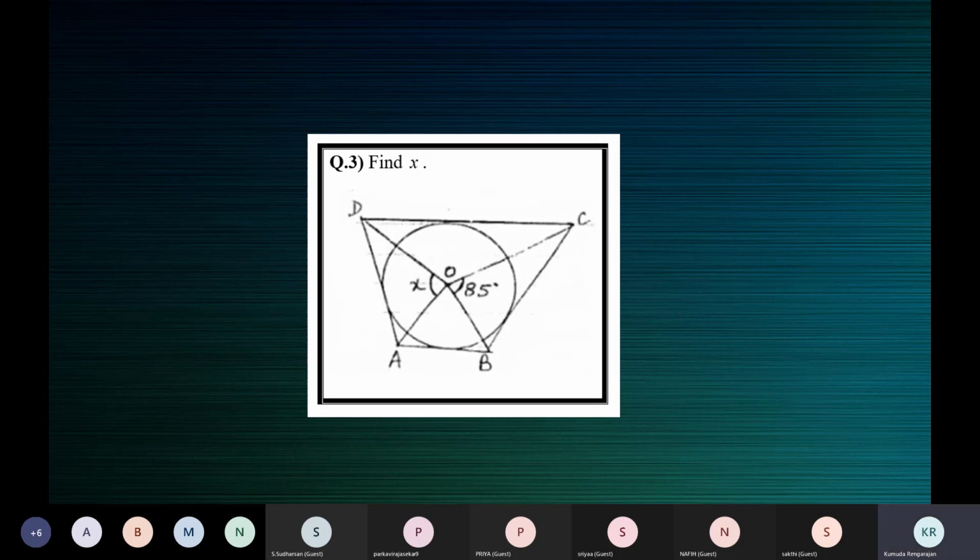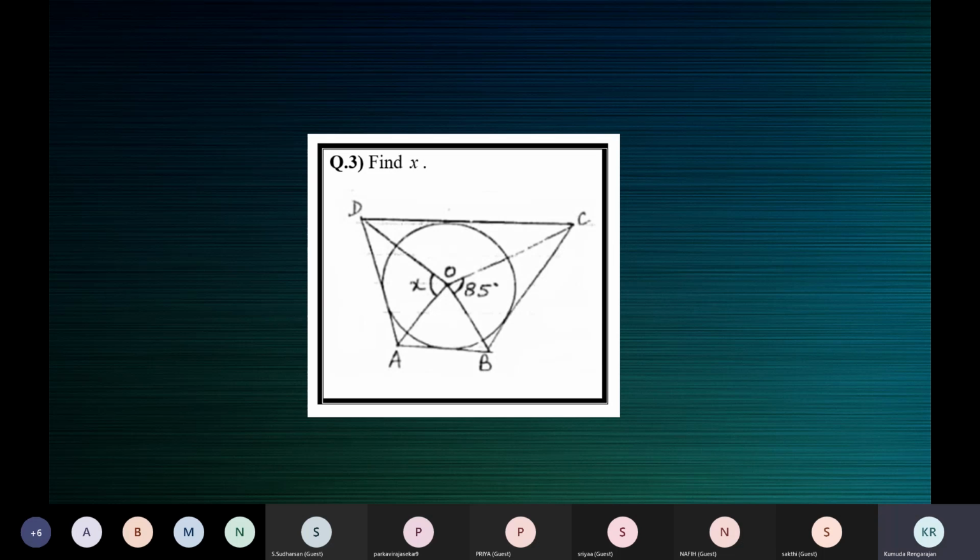Again, here you see that a quadrilateral circumscribes a circle. So here the opposite sides subtend supplementary angles at the center. That's the property.